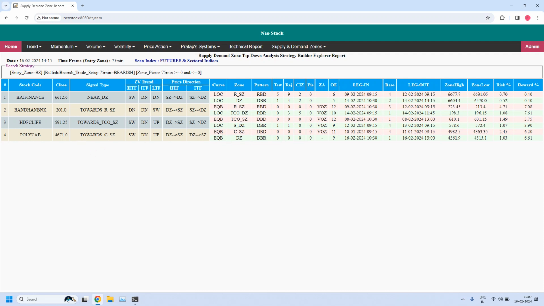Polycab is moving towards the C underscore SZ, which is a fresh zone. Okay, these are the 4 stocks currently supporting bearish trade setup for weekly income trade.